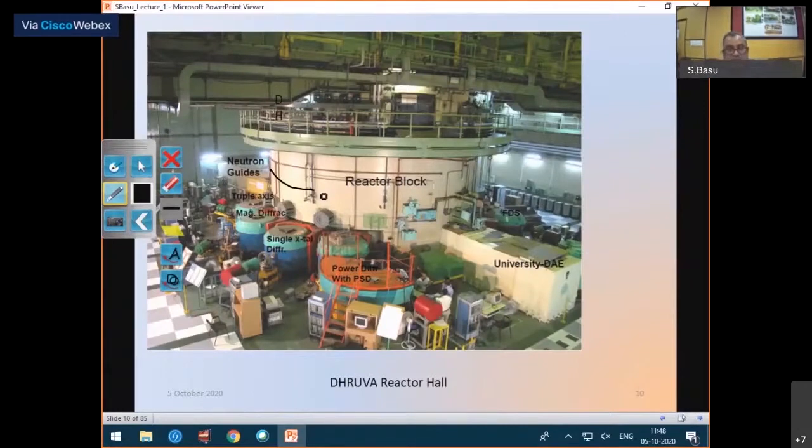This is a cylinder with an outer diameter of about 20 meters. The actual reactor core is at the center of it, and there are neutron beam lines. Neutrons come down to these instruments, go out through this guide hall, come down through these beam lines and impinge on your sample, and then we have neutron detectors all around. Typically, this is how the research reactor Dhruva's neutron hall looks.